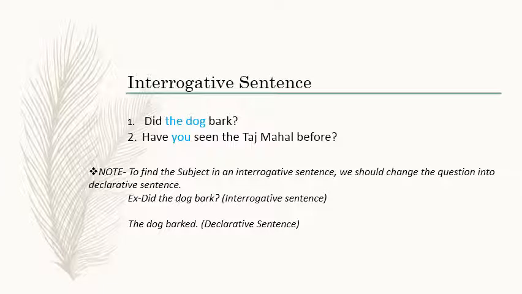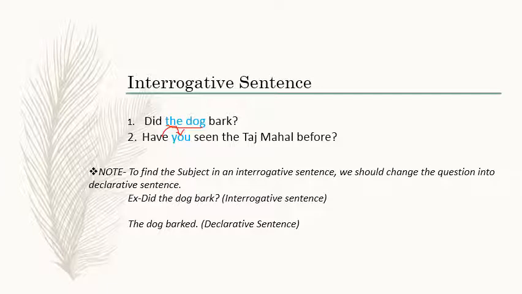So here the dog is the subject of the sentence. In sentence number 2, have you seen the Taj Mahal before? Again, after the verb we have the subject. So here have is the verb and just right after that we have the subject, that is you.